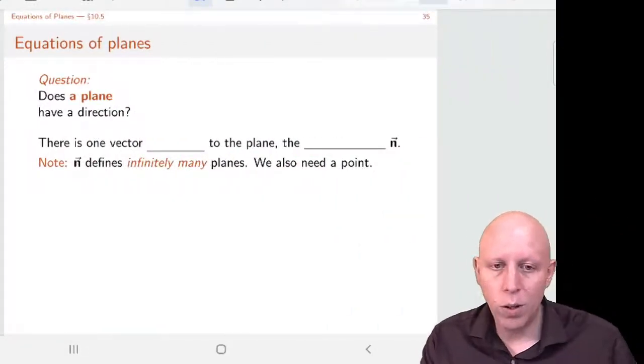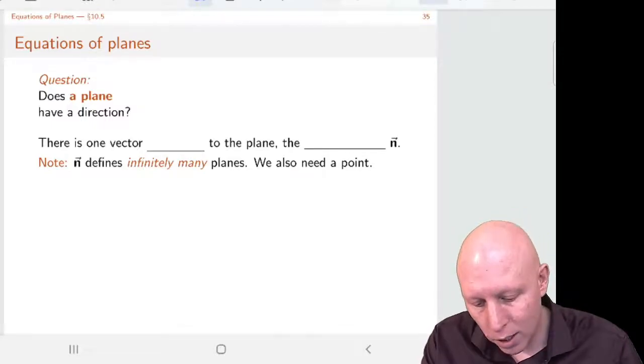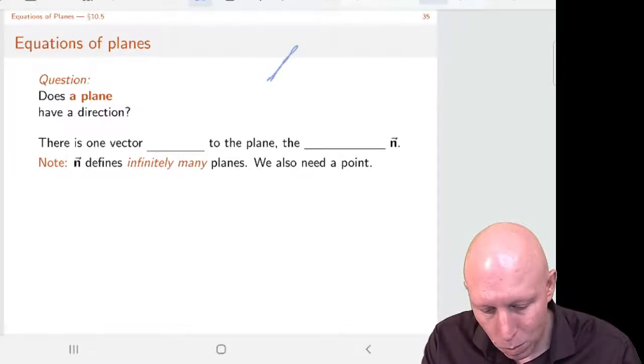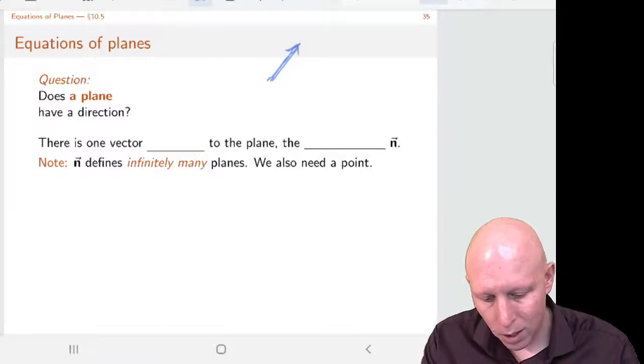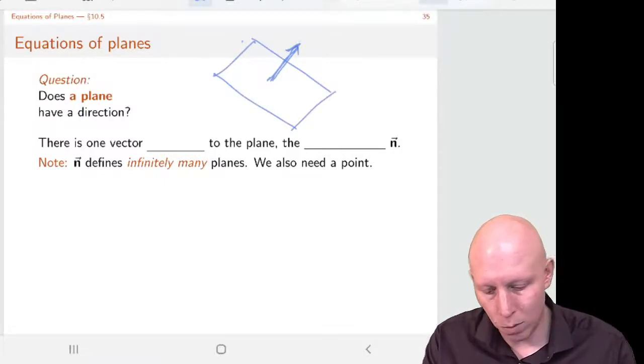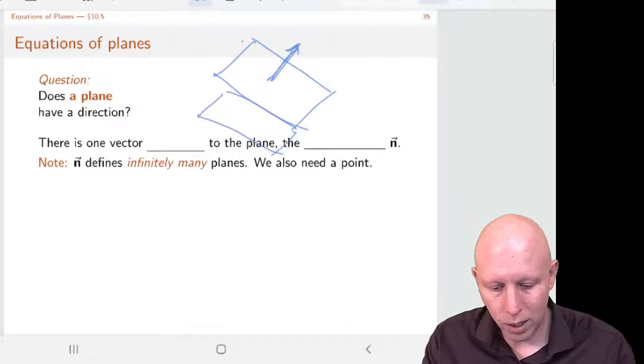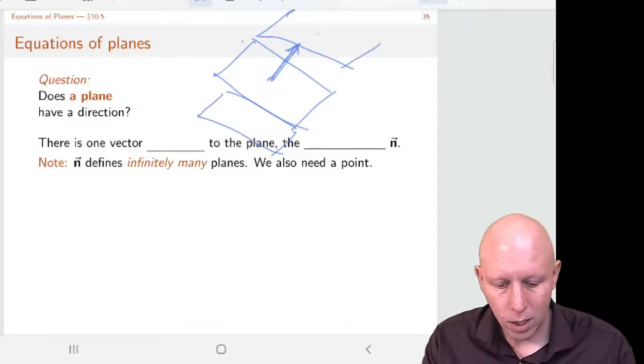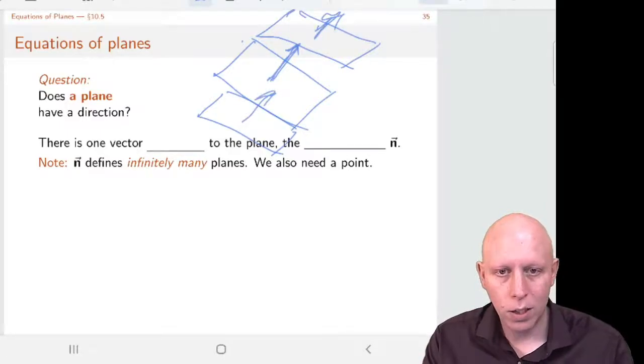All right, so you should recognize that if I give you a normal vector, well, this plane is perpendicular to the normal vector, but so is this plane, so is this plane. All of these planes have the same normal vector.